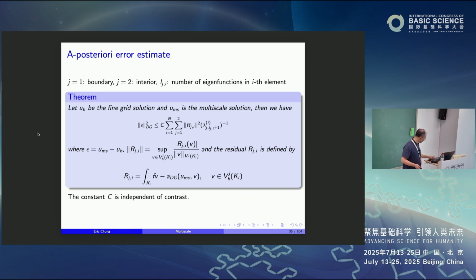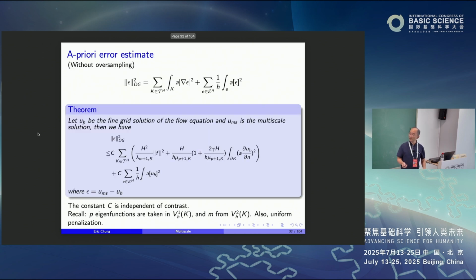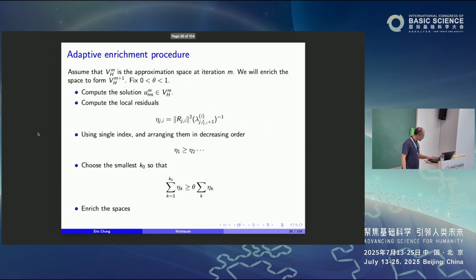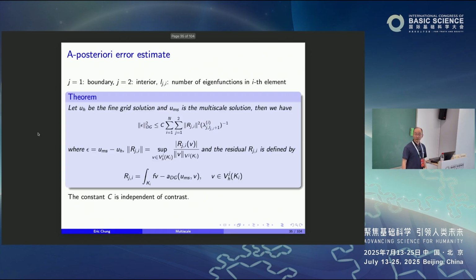If you look at this error bound here, it depends on the true solution. But in this other error bound that we show, it actually depends on some quantities that can be computed. For example, this R over here is basically the local residual.